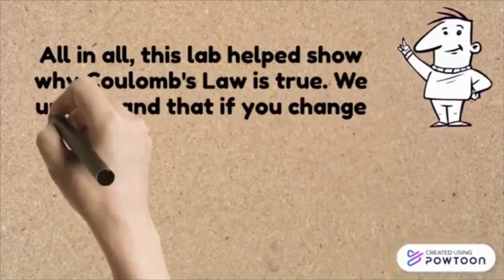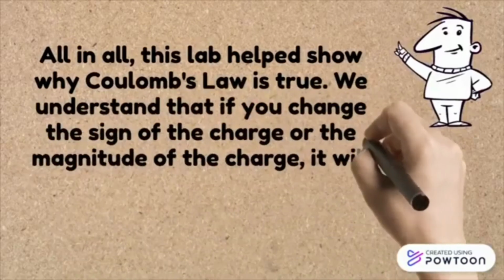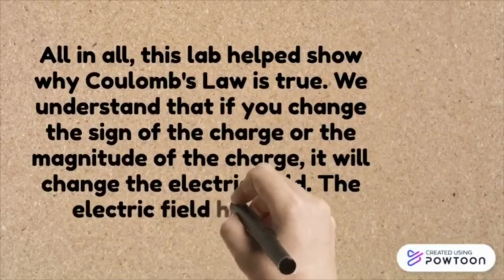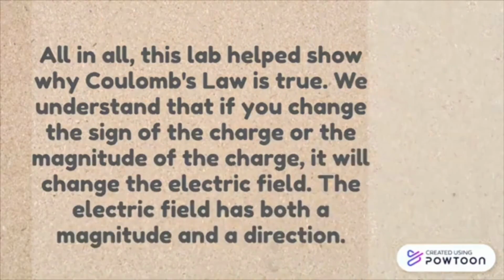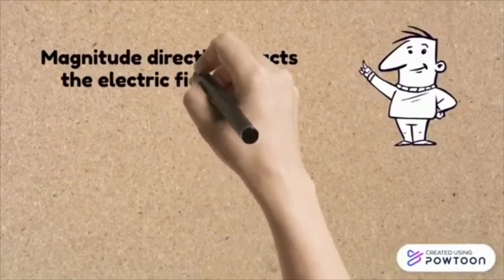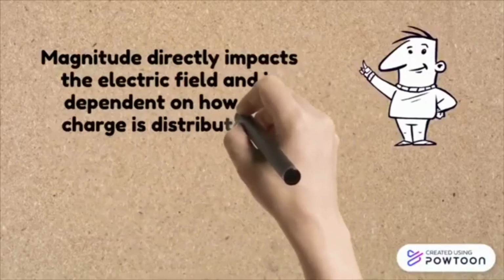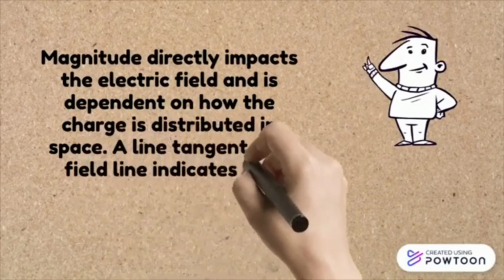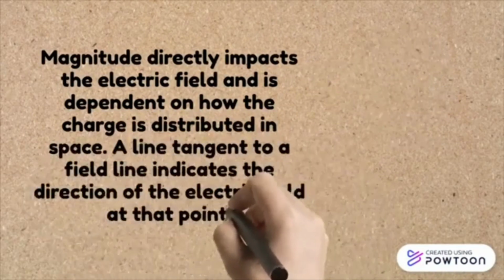We understand that if you change the sign of the charge or the magnitude of the charge, it will change the electric field. The electric field has both a magnitude and a direction. Magnitude directly impacts the electric field and is dependent on how the charge is distributed in space. A line tangent to a field line indicates the direction of the electric field at that point.